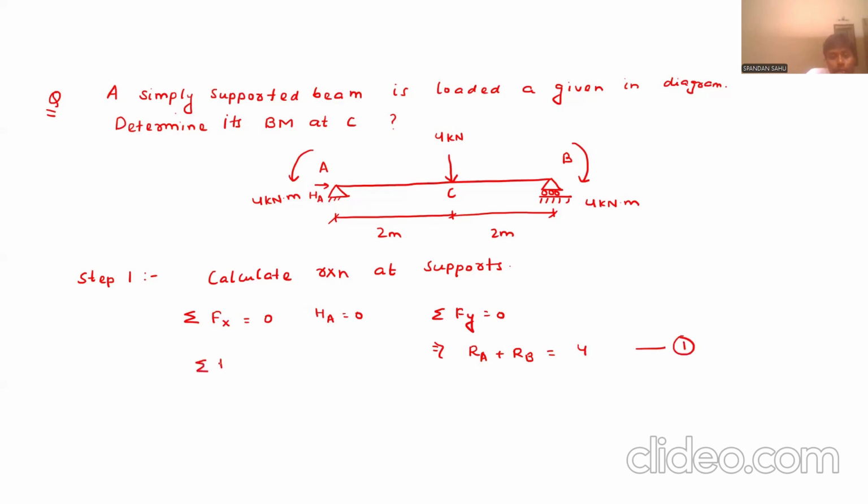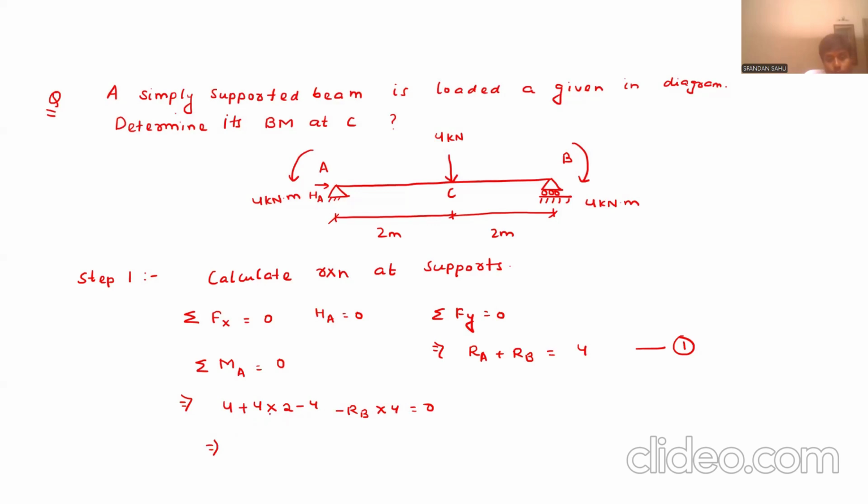And then summation of moment about point A, if I write, taking clockwise to be positive. So 4 plus 4 into 2 minus 4, then minus RB into 4 will be equal to 0.